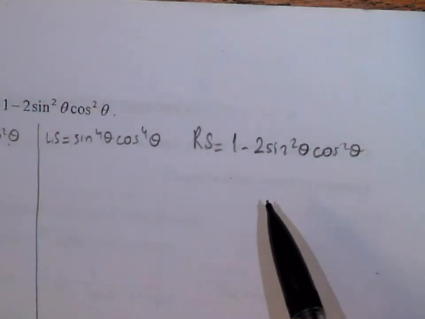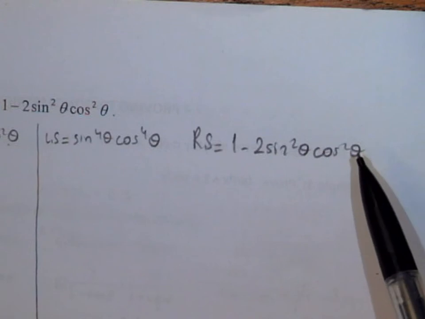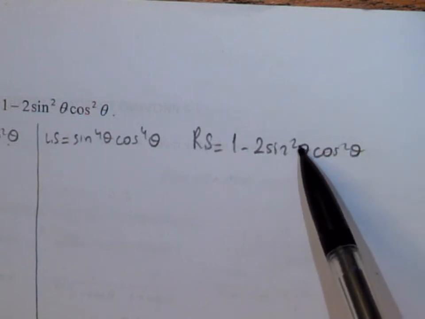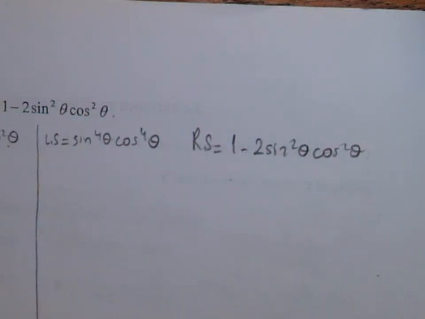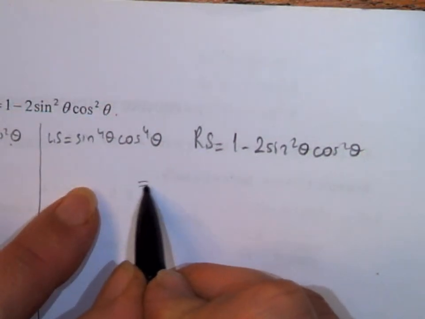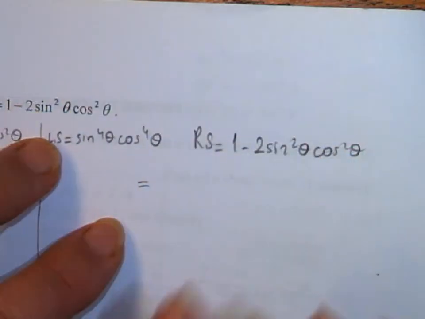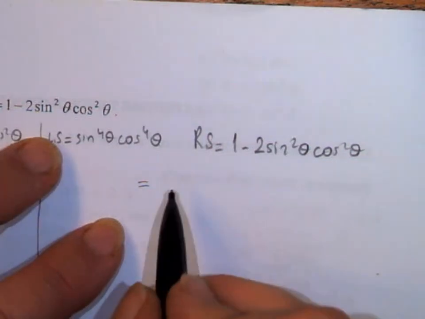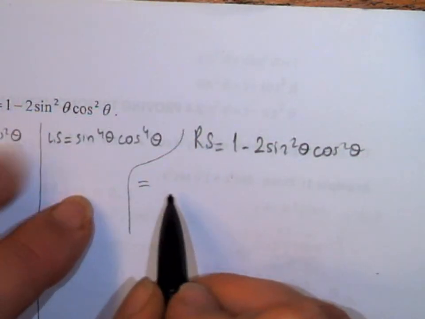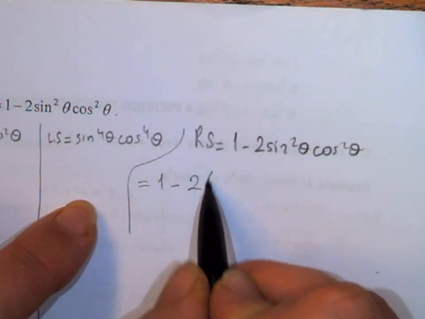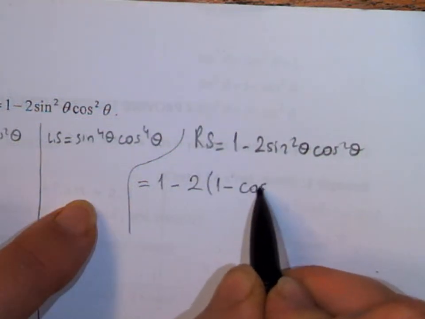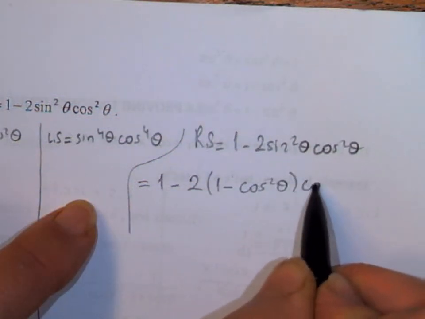Okay, so what we can do, either take sine square or cos square and replace it with 1 minus cos square or 1 minus sine square. So let's do that. So right side, so 1 minus 2, instead of sine square, we can write 1 minus cos square theta.